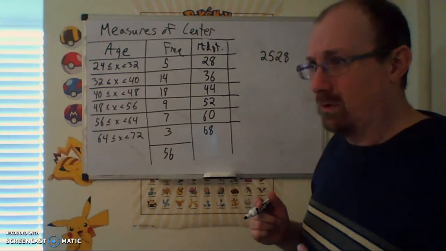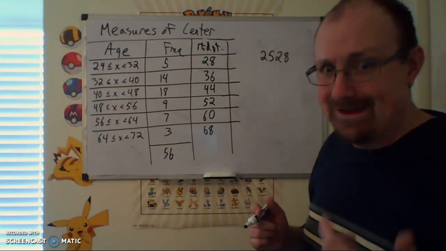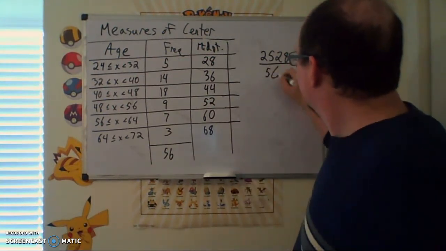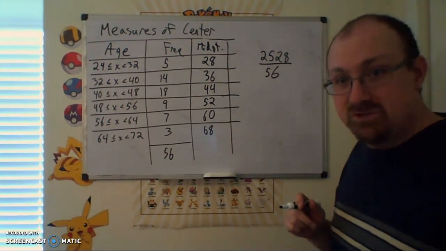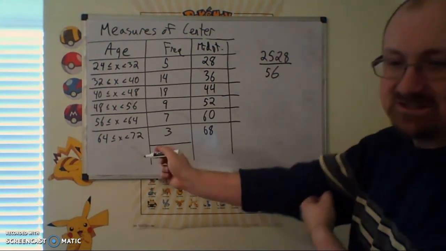If they were all born in the 1700s, none of them would be 400 years old now. So anyway, remember, don't divide by the number of groups you have, divide by the total frequency in those groups, 56 in this instance.